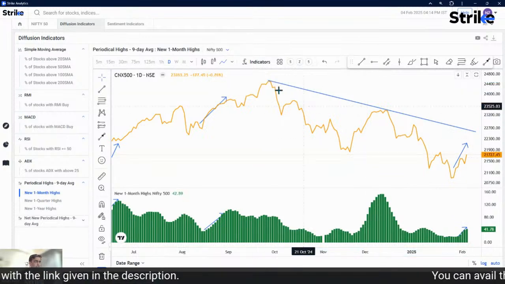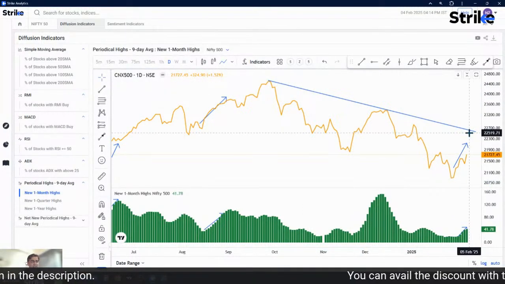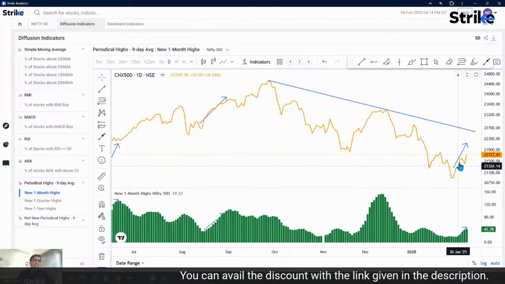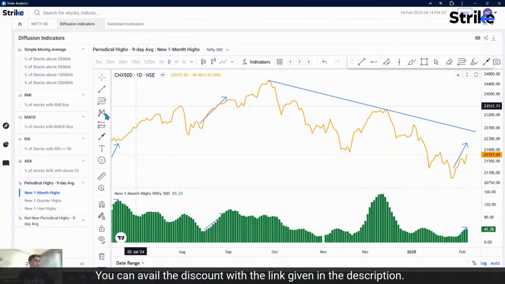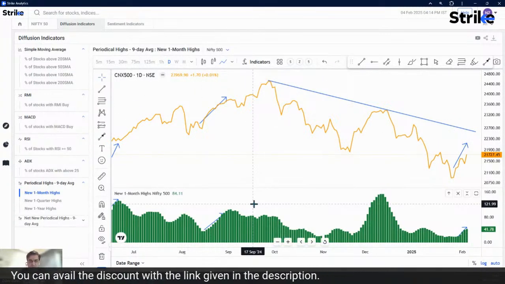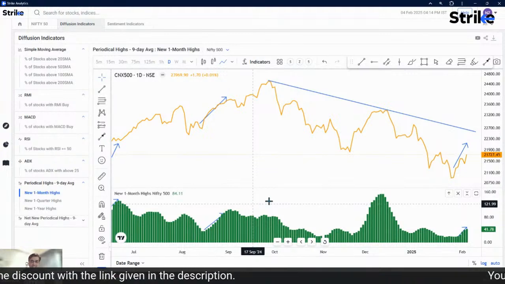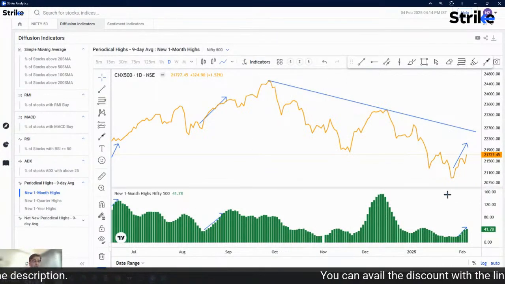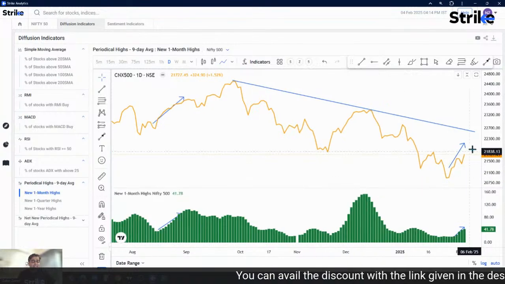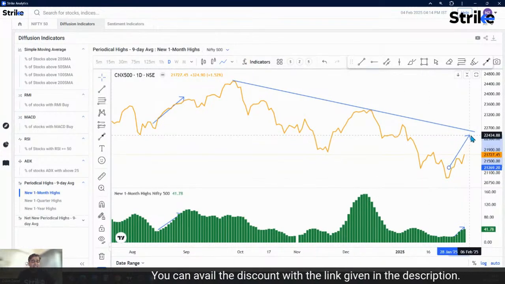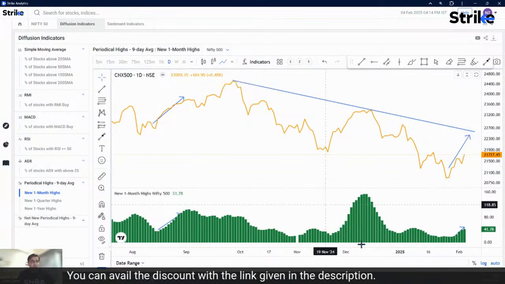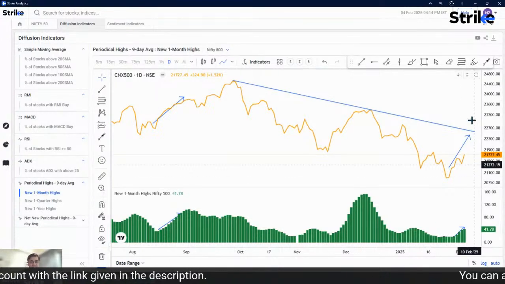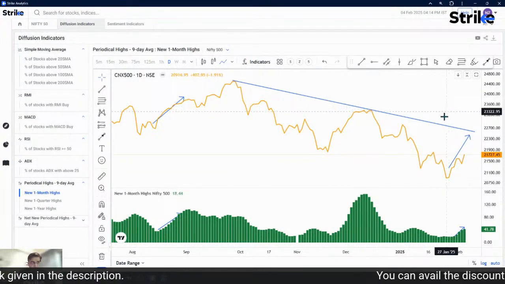We have this one trend line coming up somewhere around 22,500 levels, which will act like a resistance level for Nifty. So looking at all the sentiment indicators and the diffusion indicators that we have seen in the last 1.5 hours, all these are pointing that there is a very high probability that we are headed towards 22,400 or 22,300 levels in coming days.